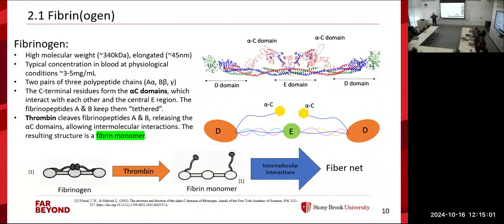What I'm saying here is it cleaves some fibropeptides. So it releases those alpha C domains, and now these are free to swing by, like swinging hands. They allow intermolecular interactions. So eventually, with these intermolecular interactions, we can form the fiber net.